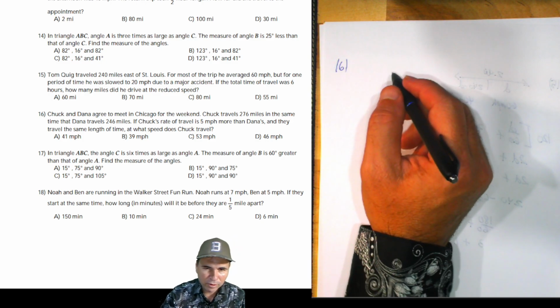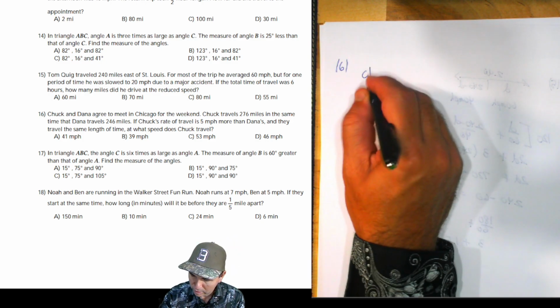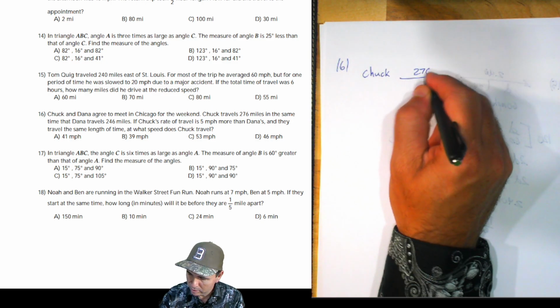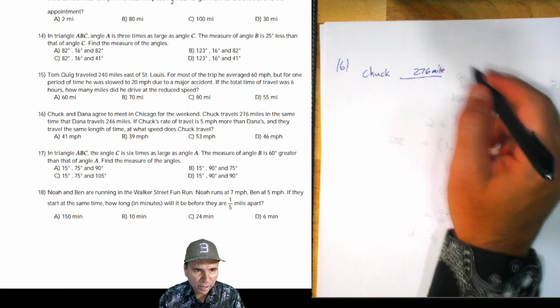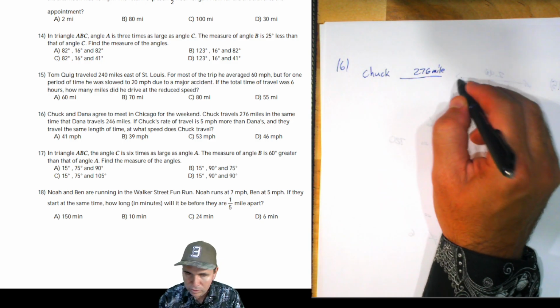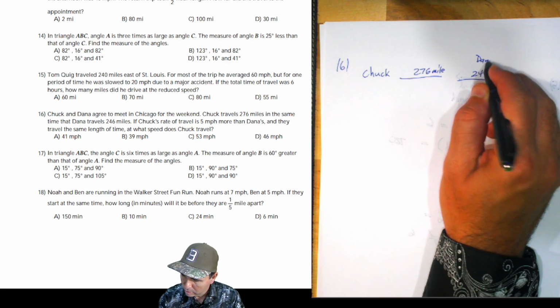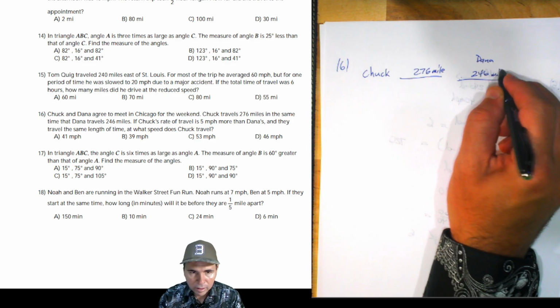So what happens here is we got Chuck. Let's draw a picture. He travels 276 miles. And then we got Dana, which travels 246 miles. And look what it says.